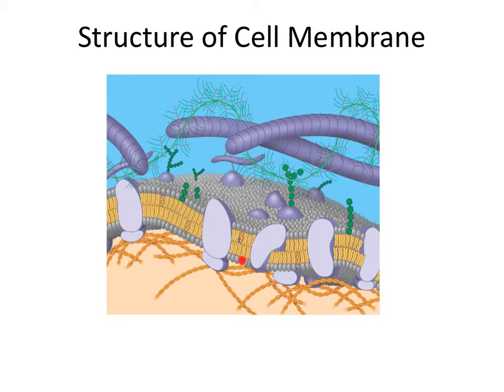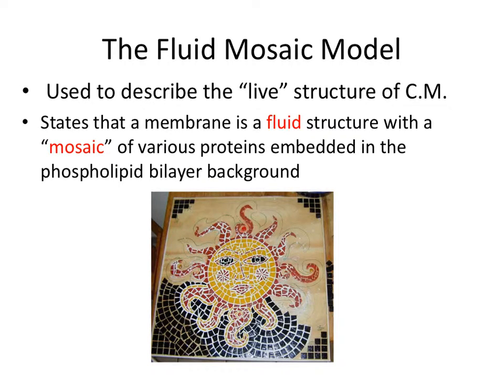Notice the proteins that are embedded. They can act as channels, which we'll talk about today. It's a fluid mosaic model, so it's not static, but it's moving and changing all the time.